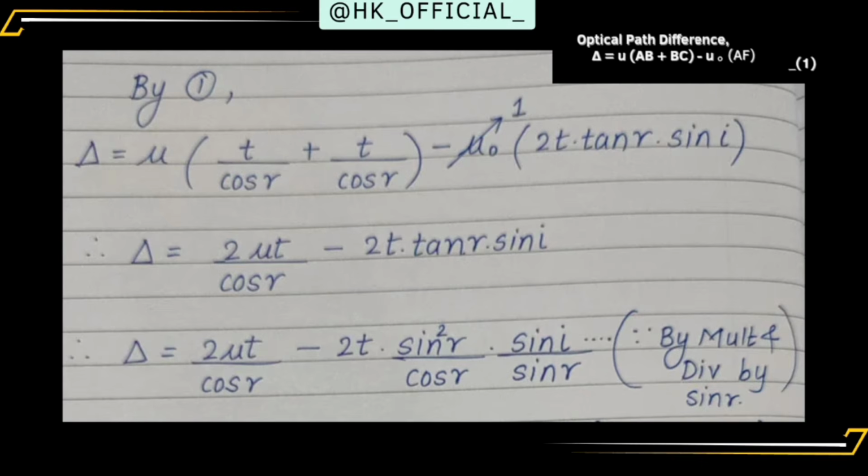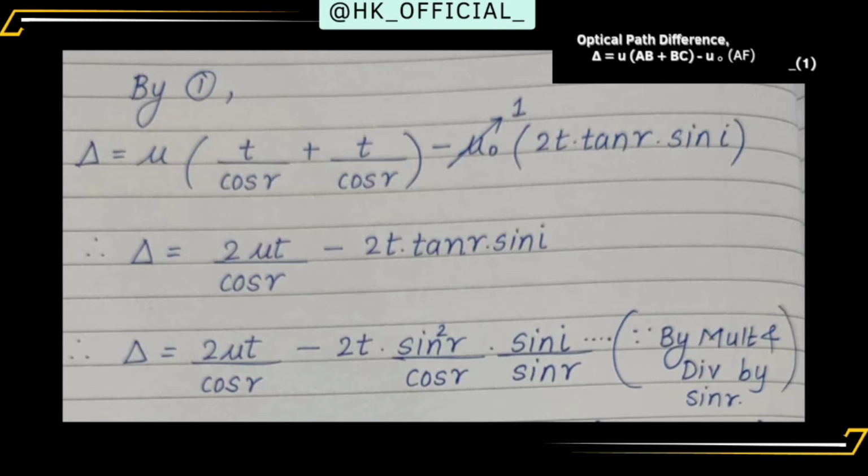Now multiply and divide the equation by sin R. You will get to know why we are doing so, because we have to get sin I upon sin R, which is nothing but mu according to Snell's law. So we get 2T sin square R in the numerator, because we have multiplied and divided by sin R, and in the denominator sin R and cos R.